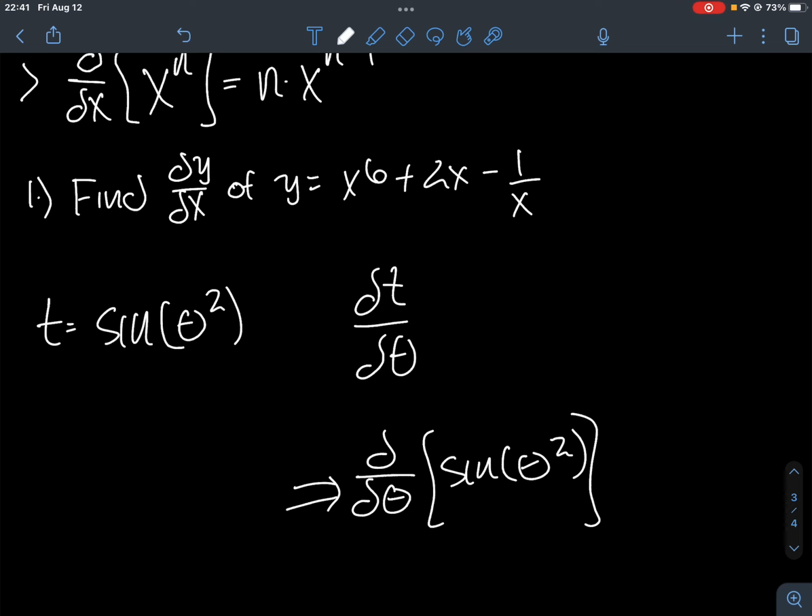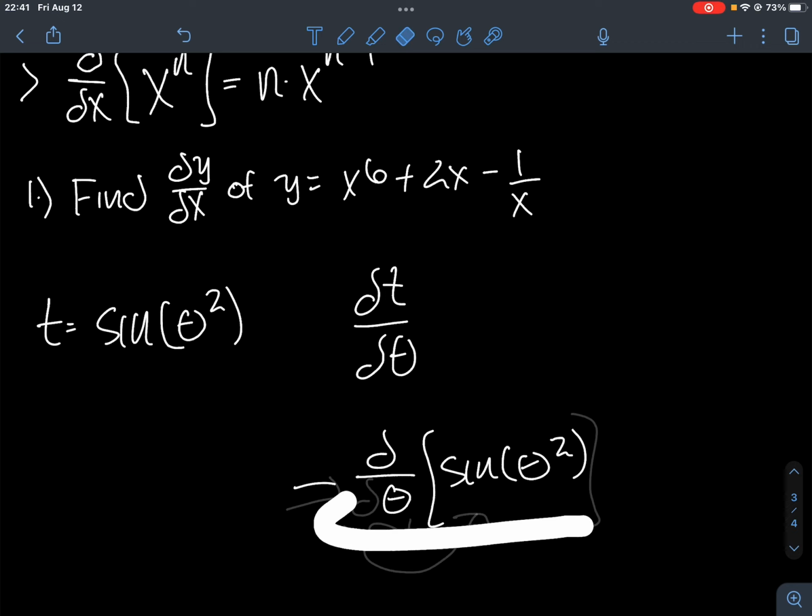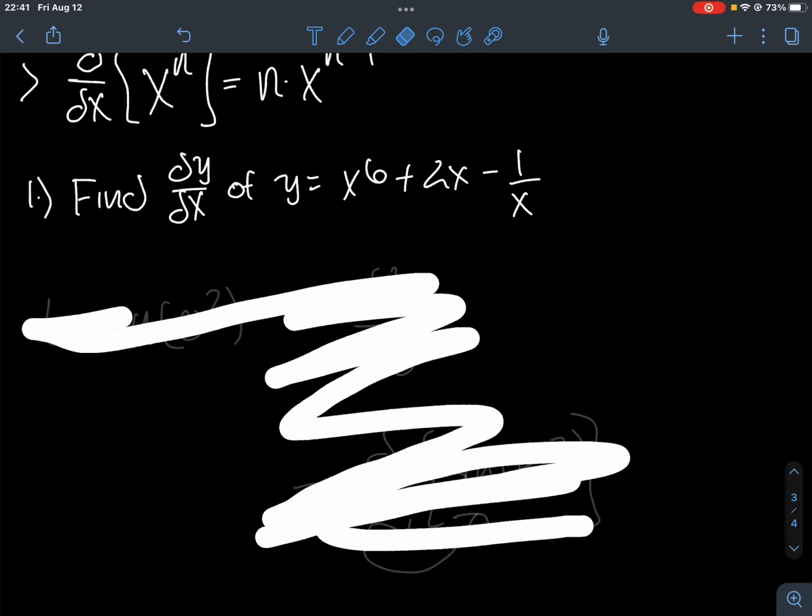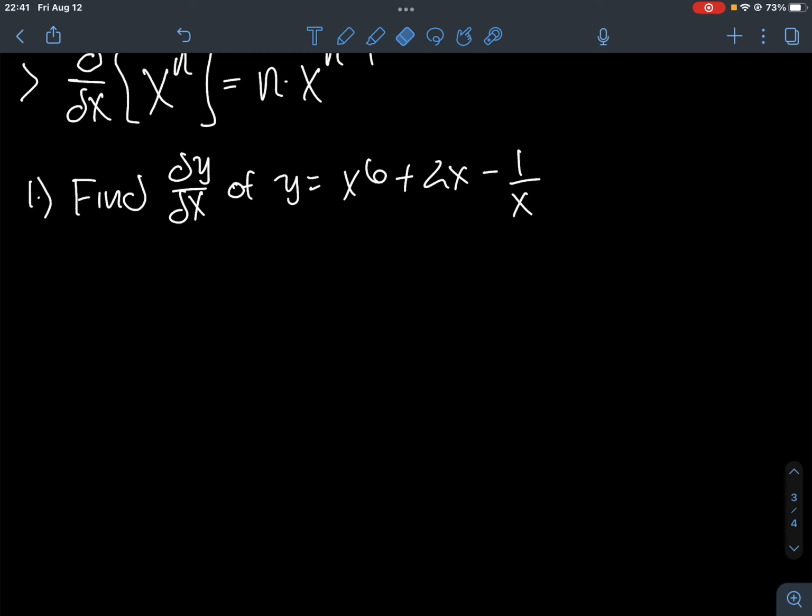Okay, so this always tells you what to take the derivative of with respect to. This is going to be important whenever we talk about implicit differentiation. But for now, we're just going to be dealing with a single variable.